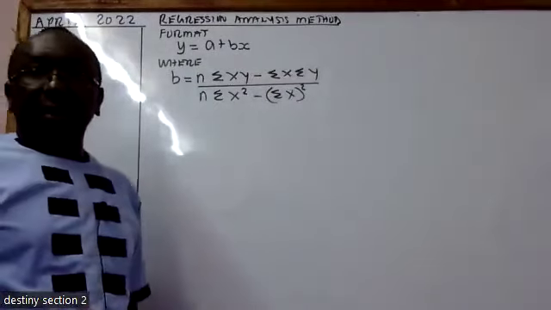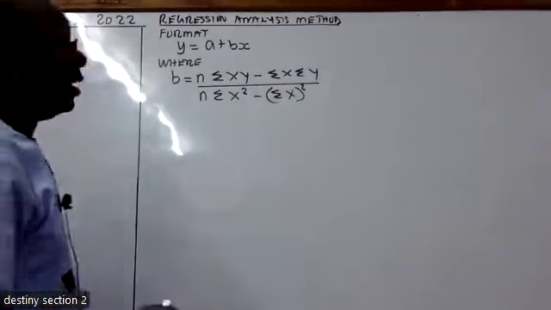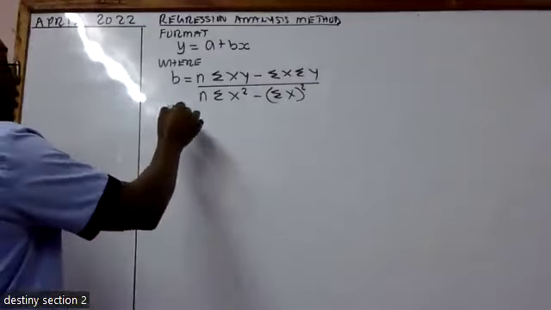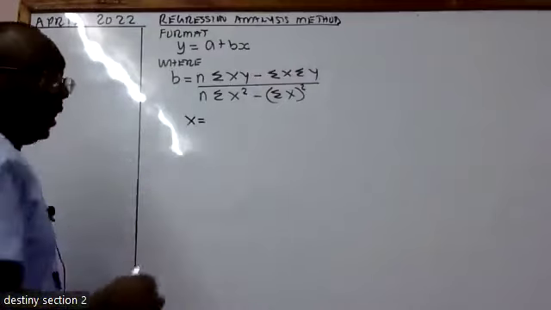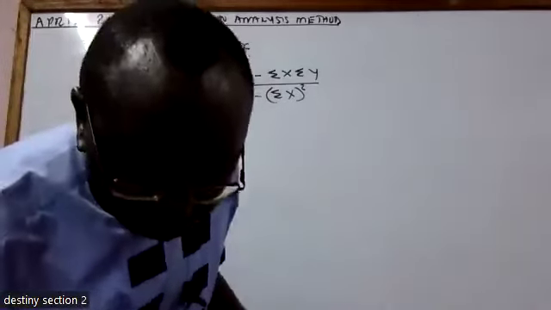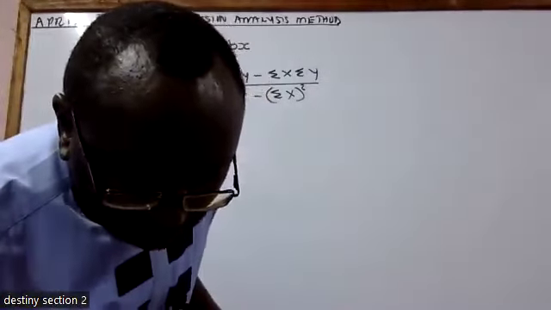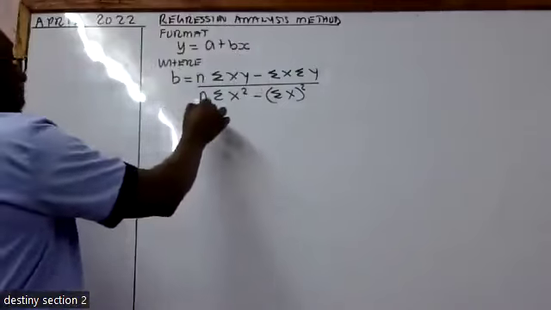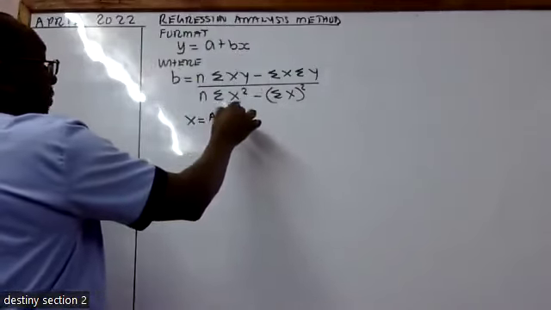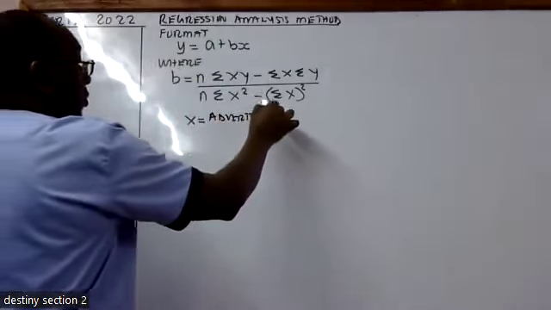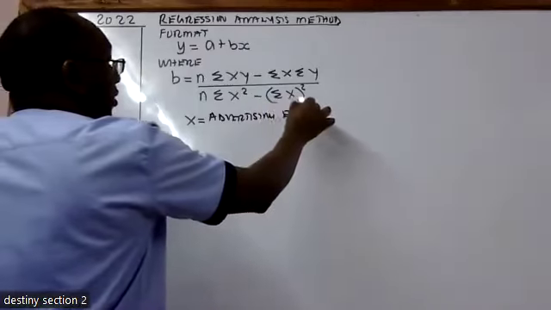Now, in this case, x is the independent variable. That would be the advertising expenditure.